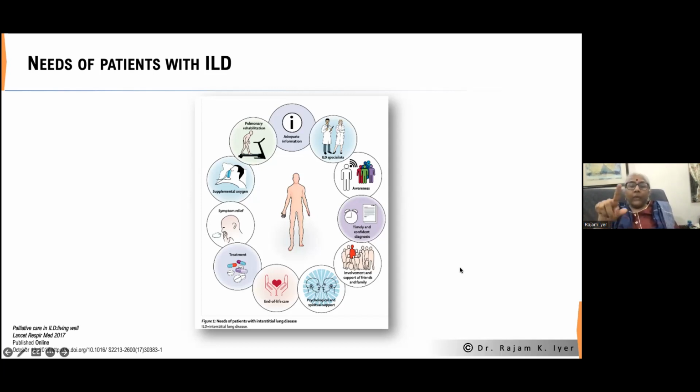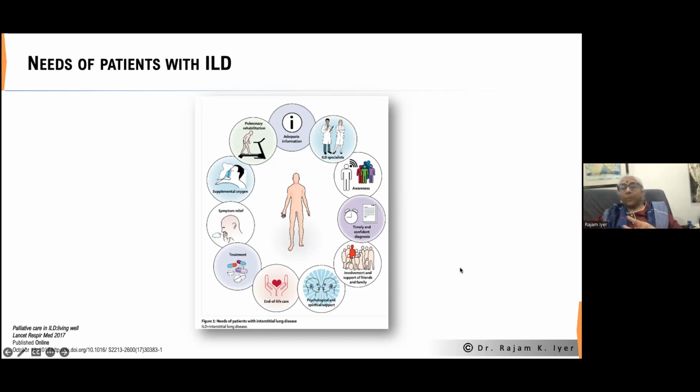Therefore, we need to realize that interstitial lung disease is a huge spectrum of conditions, for most of which the etiology is not known. Therefore, there's no direct treatment. It's only symptomatic treatment, and now antifibrotics like pirfenidone and nintedanib, which delay the fibrosis.